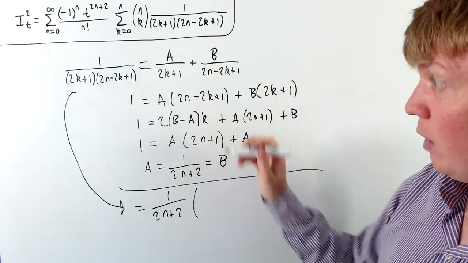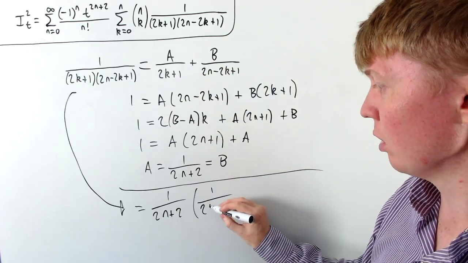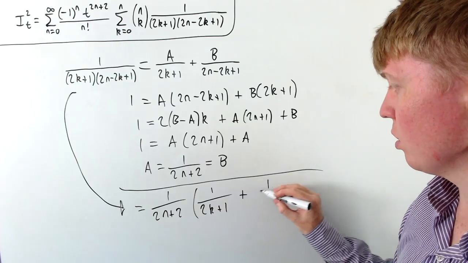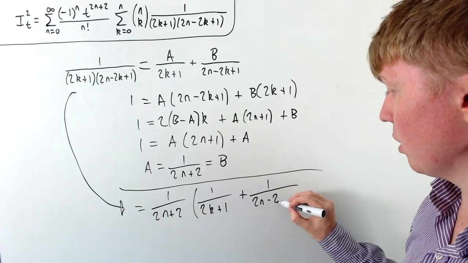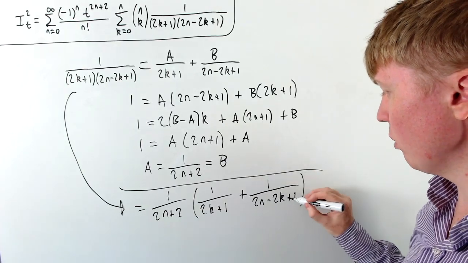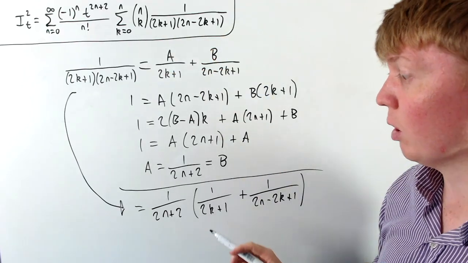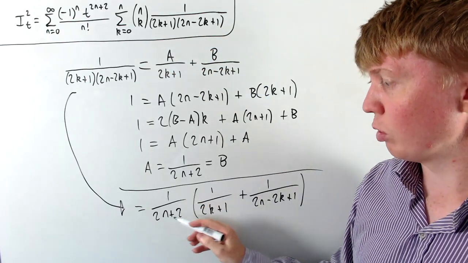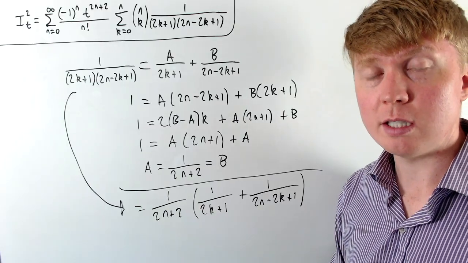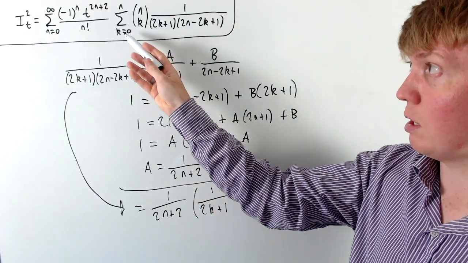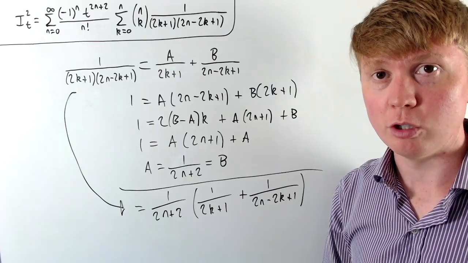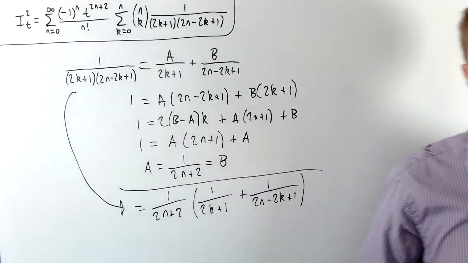We take this out as a factor, and then we've just got times 1 over 2k plus 1 plus 1 over 2n minus 2k plus 1, which we can now substitute back into our sum. And we can also take out this factor 1 over 2n plus 2, because this doesn't depend on k. We can write this outside of our sum, where we're summing over all the different values of k.